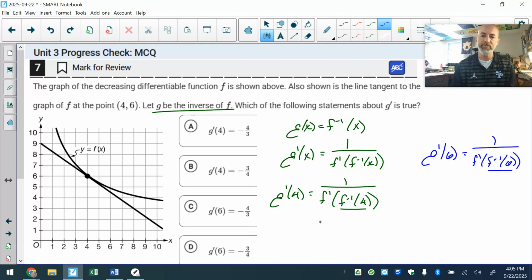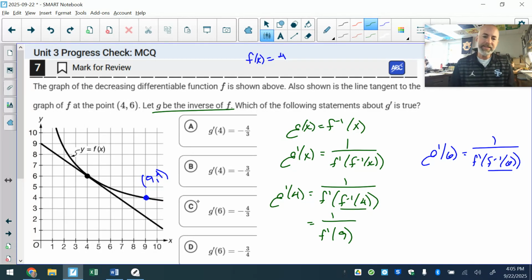If I want f inverse of 4, I need to know when does f of x equal 4. And f of x is equal to 4 when f has a y coordinate of 4, and f appears to have a y coordinate of 4 right there. It looks like when x is 9, f has a y coordinate of 4, which means f inverse of 4 is 9, f prime of 9.